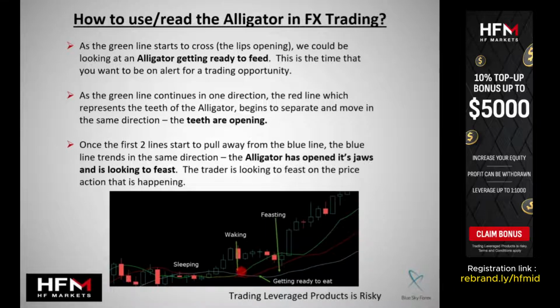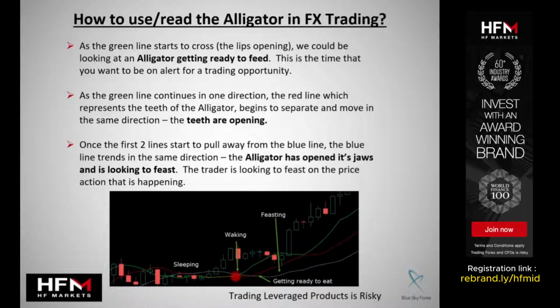So that means it is getting ready to eat. Here it is sleeping, here it is waking up, because the green line is passing both the slower moving averages, the red one is following, and here as the lines become further apart, they separate from each other, here it actually is starting to feast, okay?